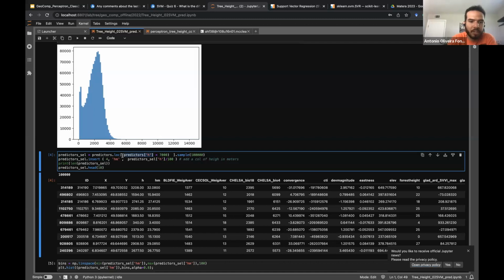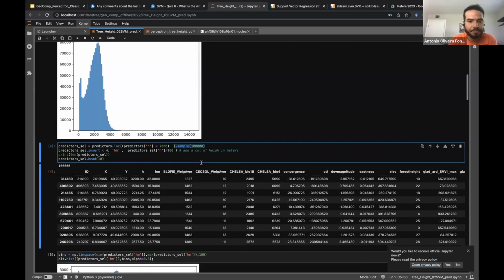So this variable, which we're going to call predictors selected, is going to contain only samples that are below 70 meters. And what Pepe does next is to select 100,000 rows of this table, so we're only going to analyze 100,000 collected samples.